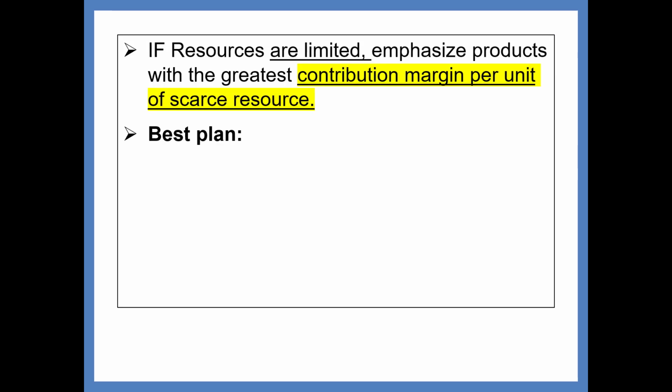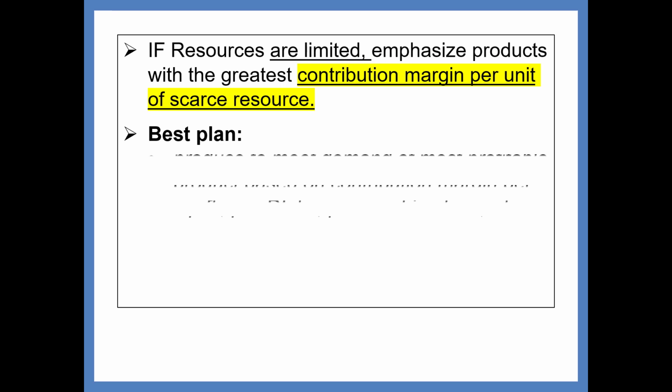When resources are limited, you'll have to look a little bit further at the profitability and calculate the contribution margin per unit of scarce resource. So we might calculate a contribution margin per direct labor hour, or a contribution margin per square foot.